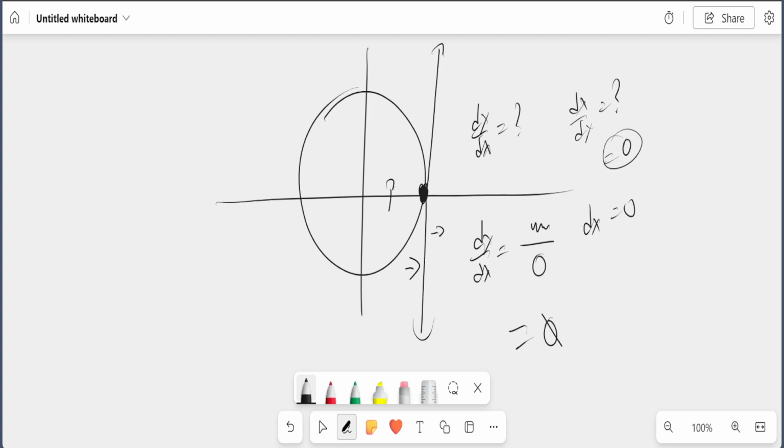So technically, you can say, okay, this is infinity, right? Because x is moving. If you go a little bit less, right here, x is moving positively still, right? So you could say it's infinity. But the reason we don't call it infinity is because if you go this way, x starts moving backwards, right?